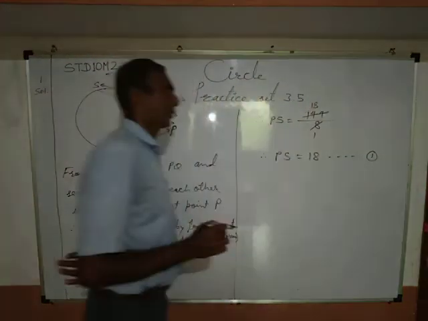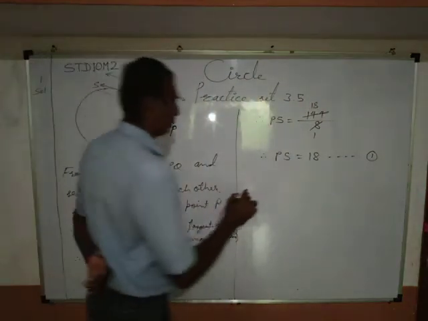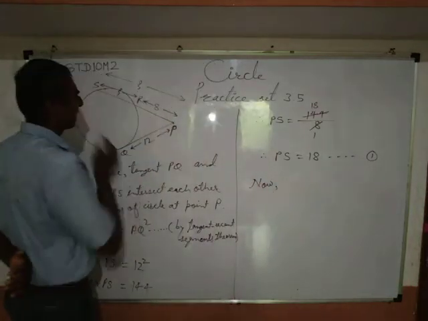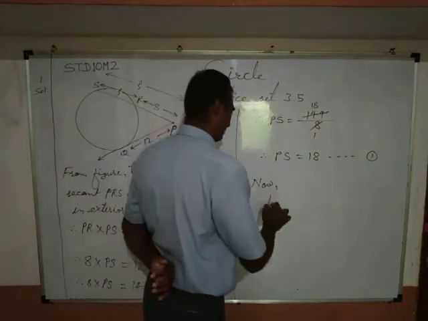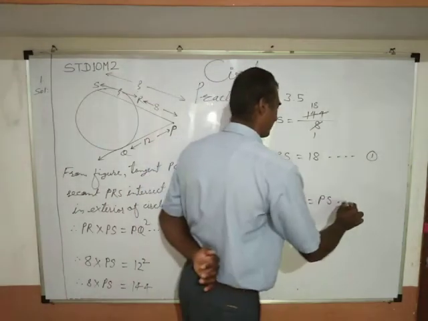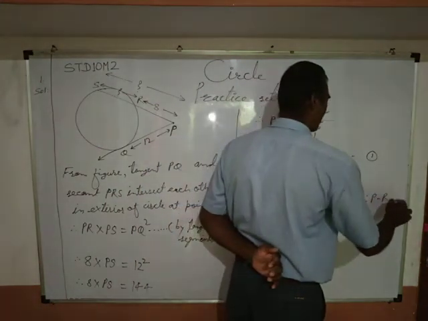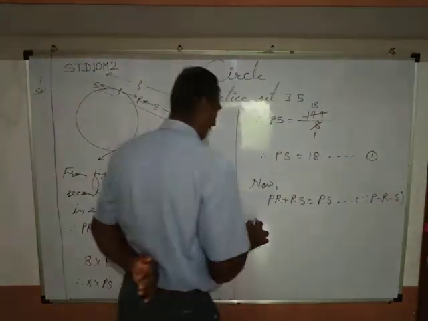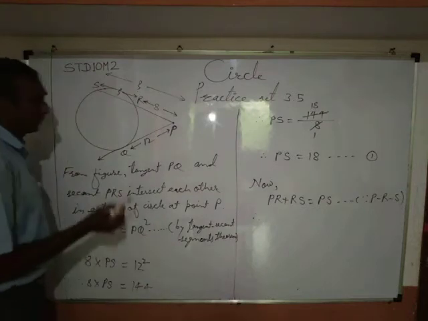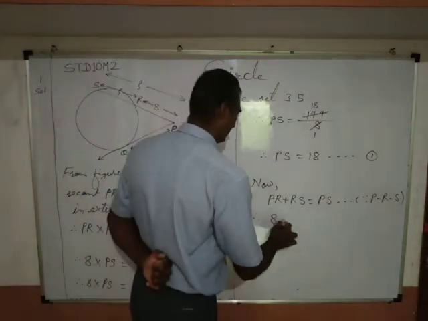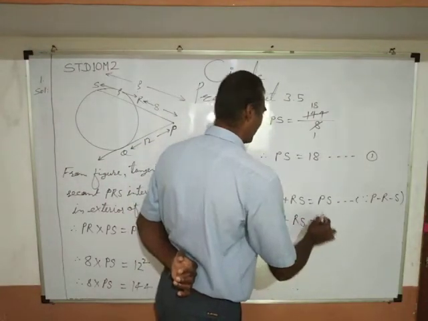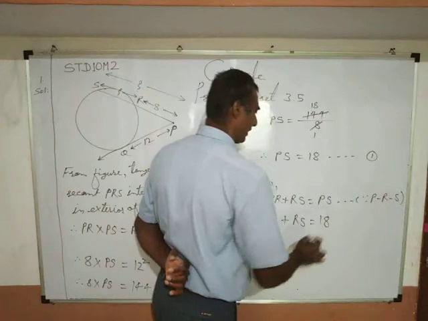Let's call it equation 1. Now, PR plus RS equals PS, since P-R-S. Therefore PR, which is 8, plus RS, we don't know, equals PS, which we just calculated as 18.